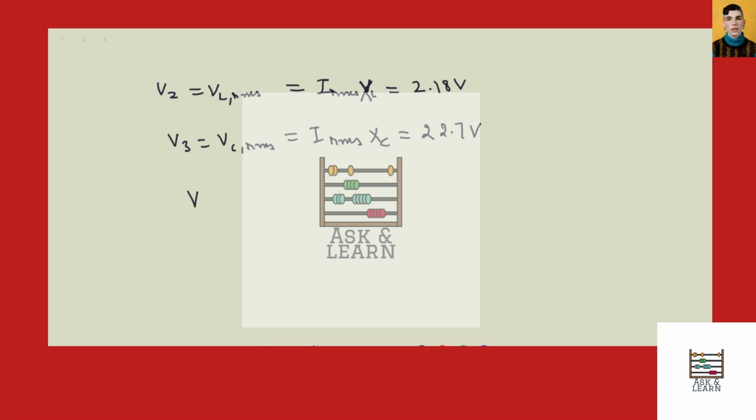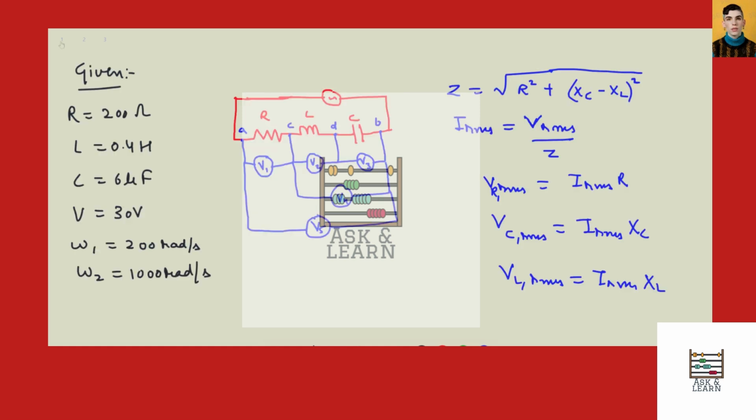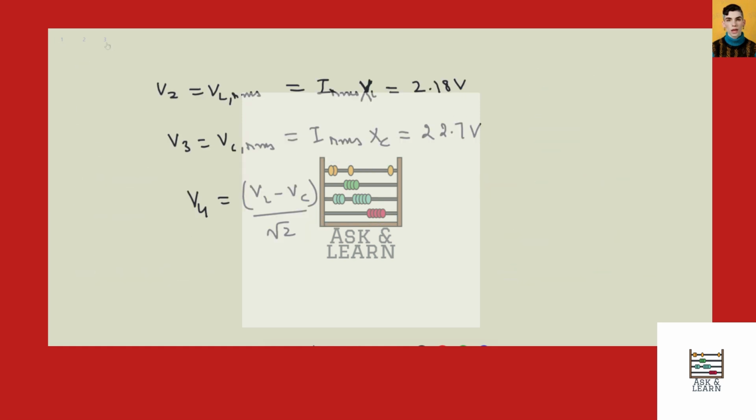Looking at V4, V4 reads VL minus VC, which is the voltage difference. Because they are out of phase, we have to use the minus sign here, so it equals VL RMS minus VC RMS.